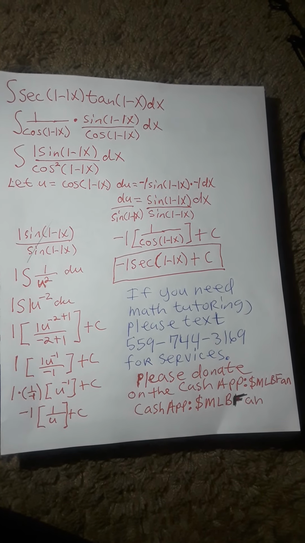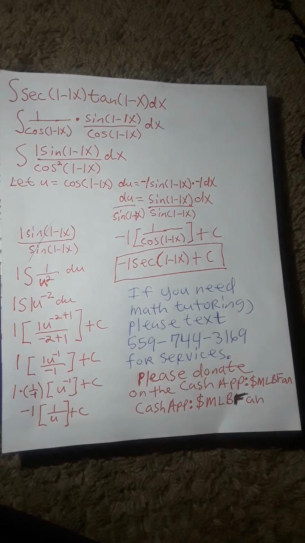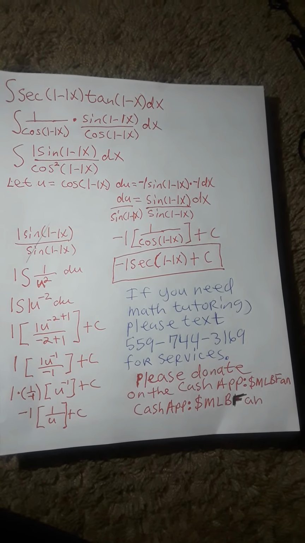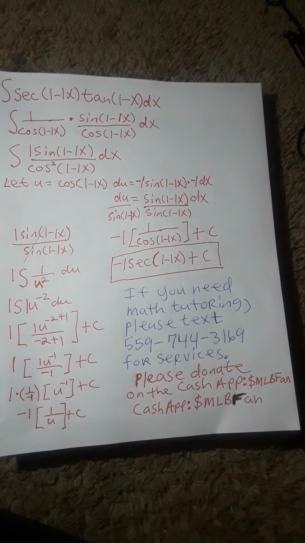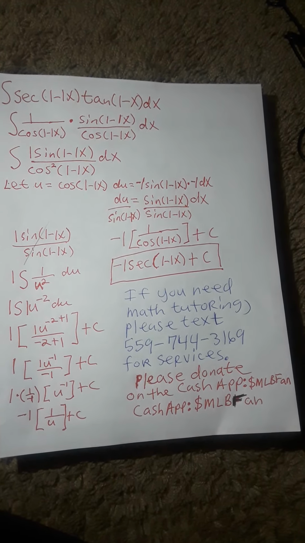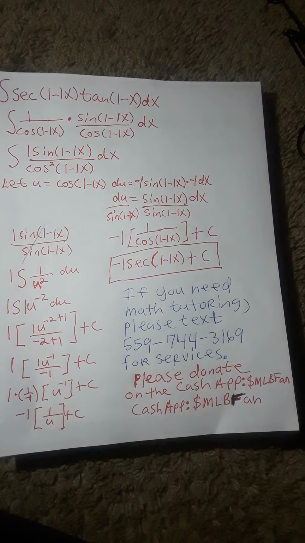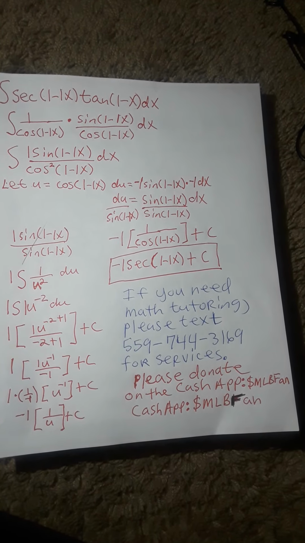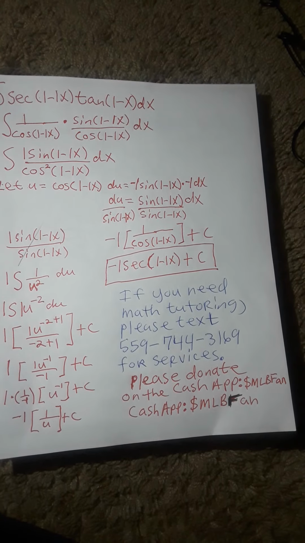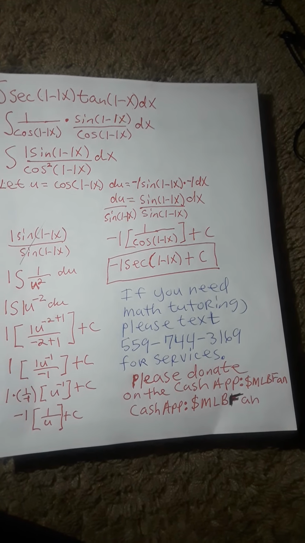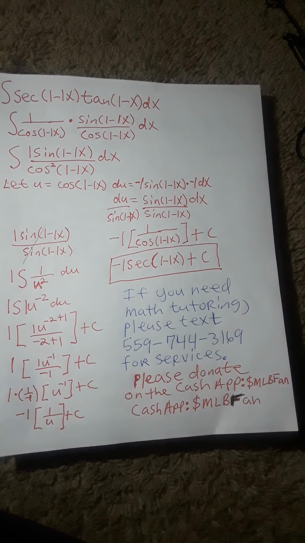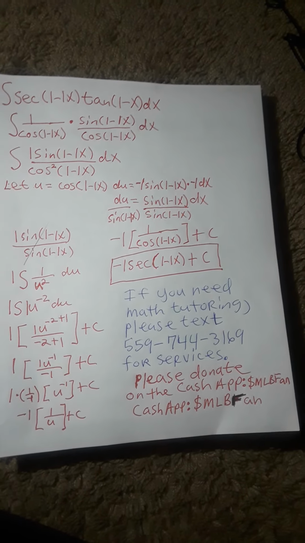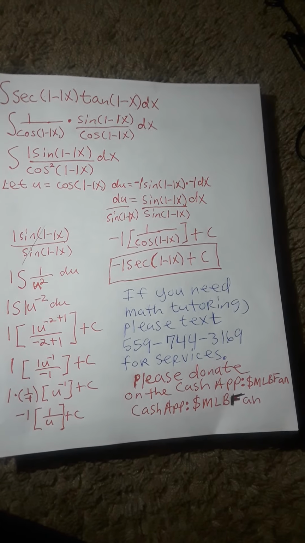So now it's going to be negative 1 times 1 divided by cosine of 1 minus 1x plus c. And then we have to remember the trigonometric identity for 1 over a cosine function is secant. So it's going to be negative 1 times secant of 1 minus 1x plus c.